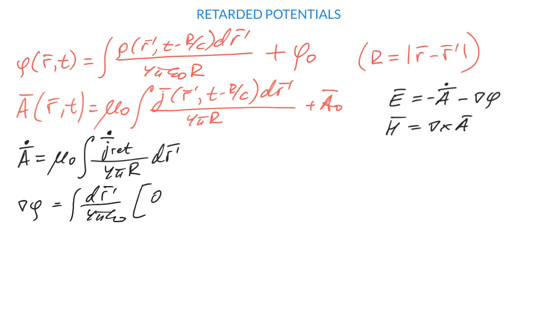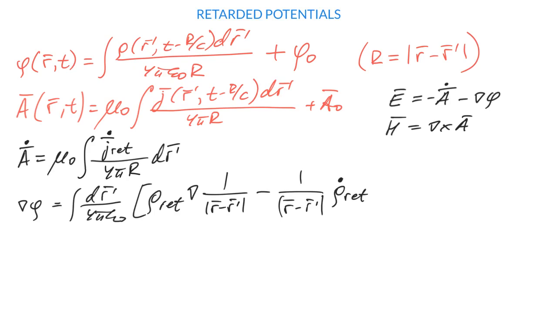One term comes from rho retarded and the gradient of 1 over |r minus r prime|. That's the same kind of term that appears in the static case. But in addition, there's a term where I need to use the chain rule and differentiate first with respect to time, and that will give me rho dot retarded, and then differentiate the time argument of rho with respect to r, which will give us R over cR.